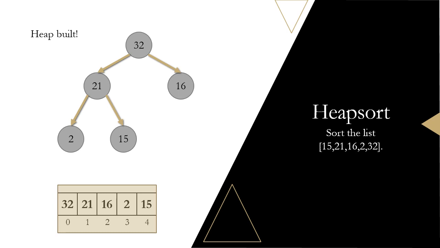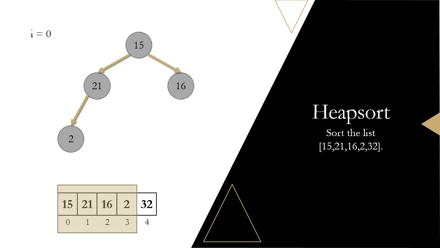So it goes like this. i is 0, and you swap the element at 0 and the element at n minus 1 minus i. n is 5. 5 minus 1 is 4. 4 minus 0 is 4. So you swap the element at 0 and the element at 4. In simple words, you swap the first element and the last element of the heap.